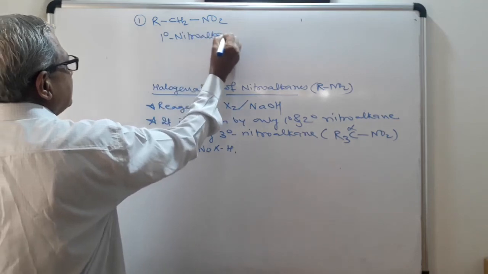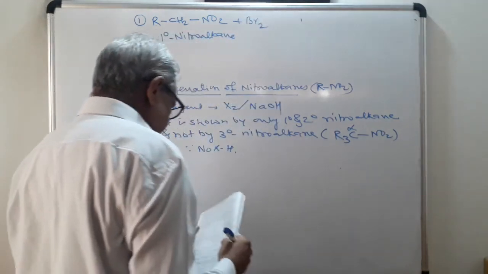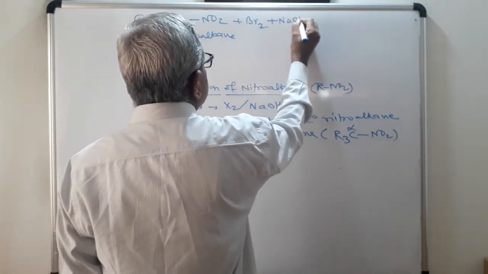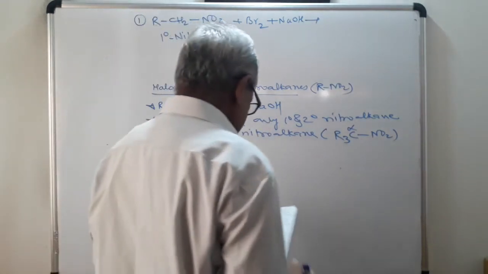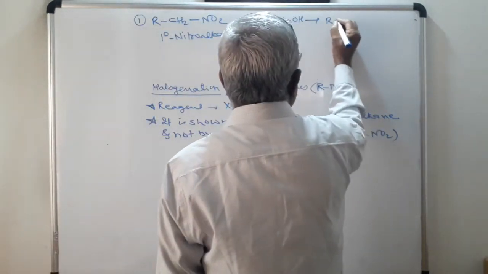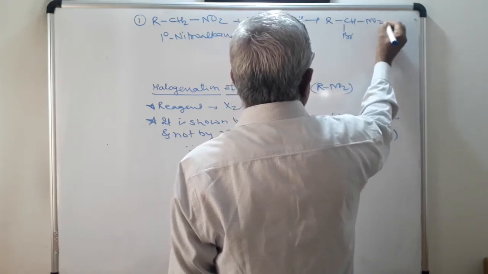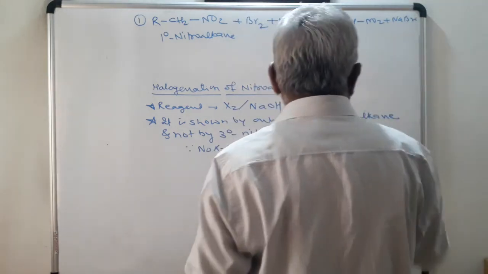You will do the reaction with halogen. Suppose your halogen is Br2. You will do the reaction in presence of NaOH. See the reaction. Reagent used: Br2, NaOH. You will get here RCHBrNO2 plus NaBr.